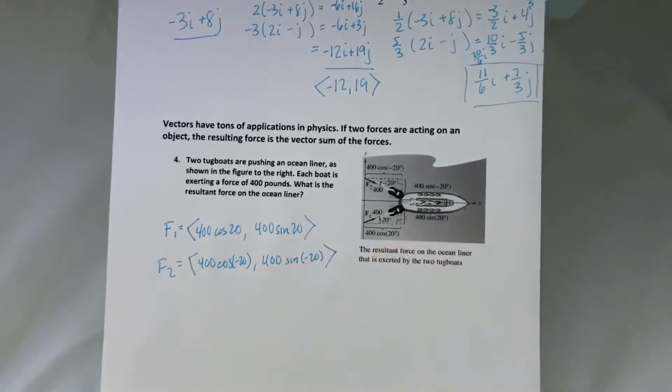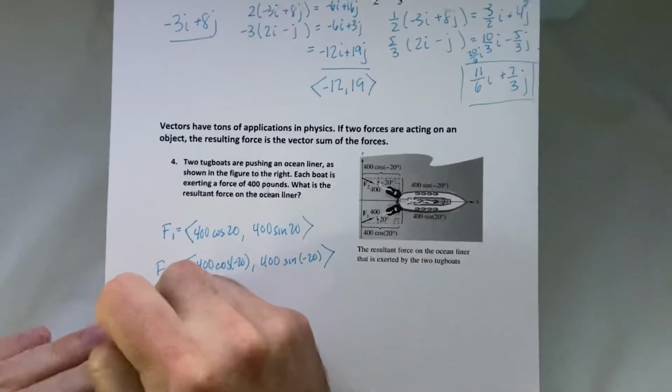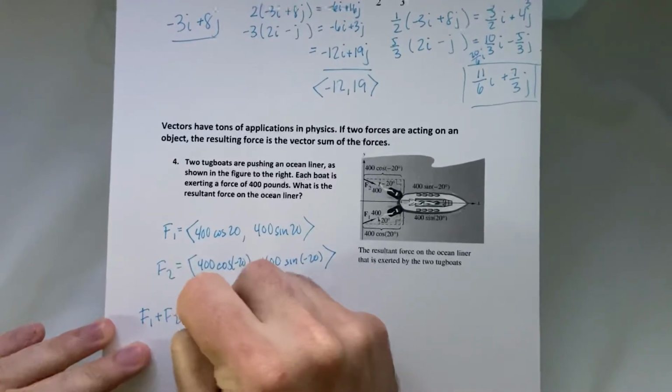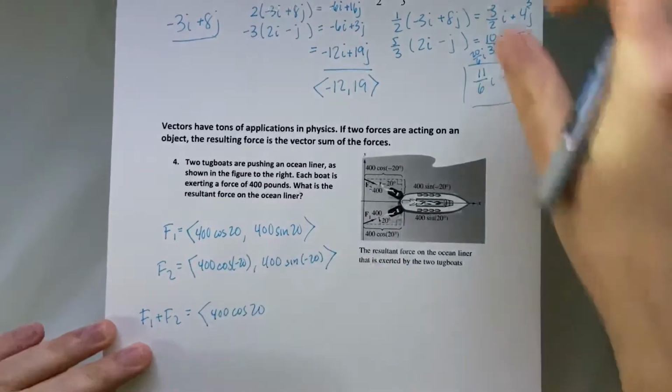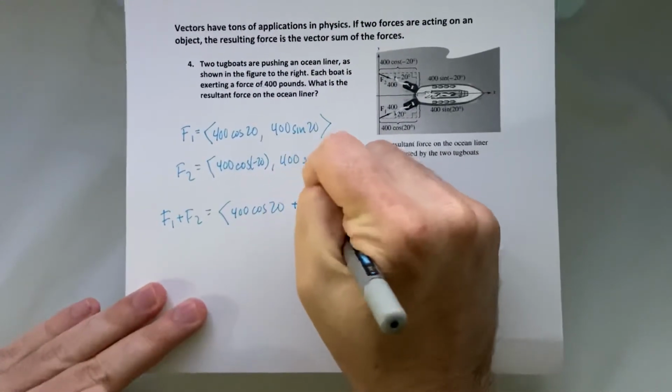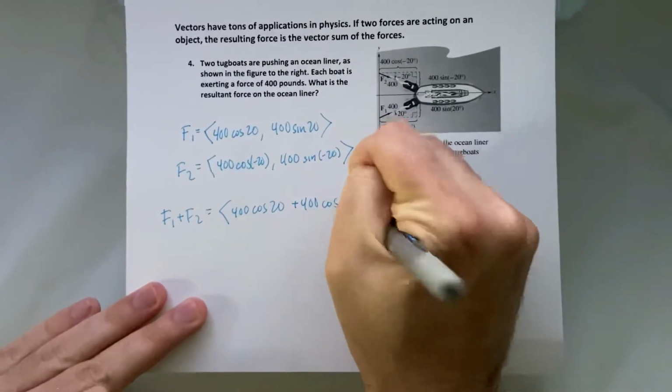Now because sine is odd, sine of -20 and sine of 20 are opposites, so when I add those two together, it's a total force. We've got 400 cosine of 20 plus 400 cosine of -20.